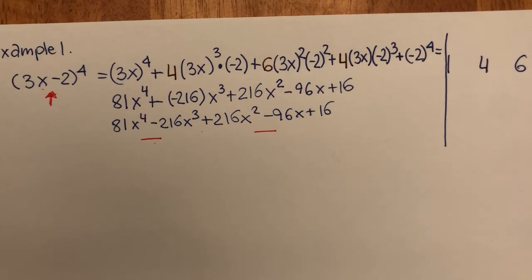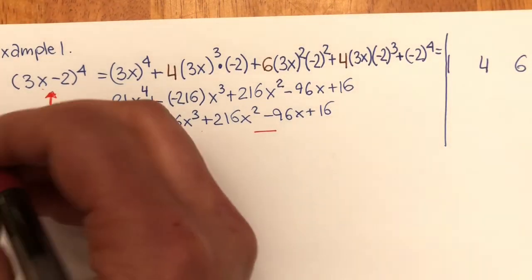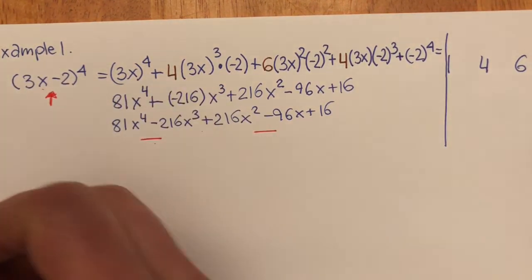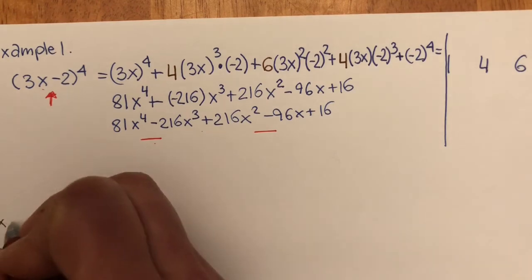All right, we'll do one more example. And this example is going to be a little bit different. So notice that we started with an expression and we expanded it. Now, what if we want to go the other way?